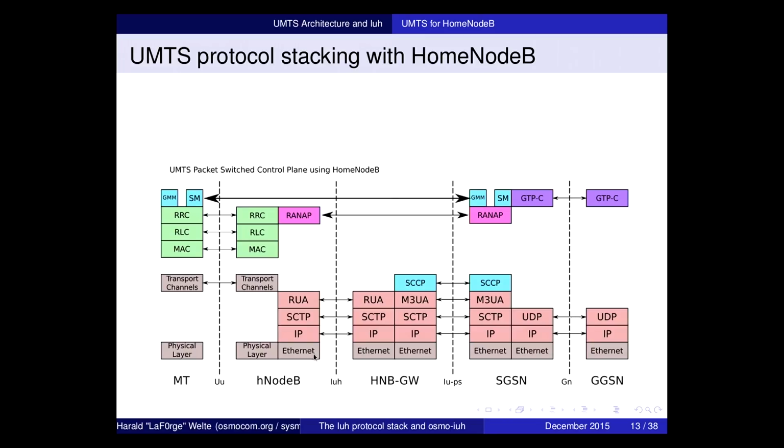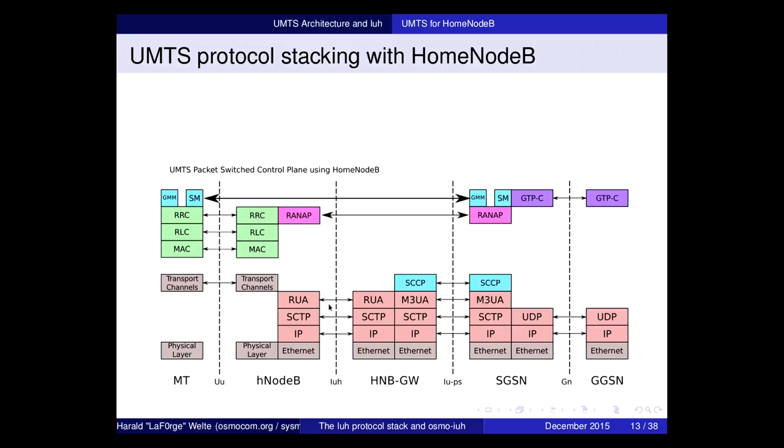So the femtocell encapsulates RANAP into RUA, the RANAP user, what was it? Sorry, adaptation, yes, the RANAP user adaptation. So the radio access network application part, user adaptation, on top of SCTP, the Streaming Control Transfer Protocol, which some may know is a protocol on the same layer as TCP or UDP, but has different properties.